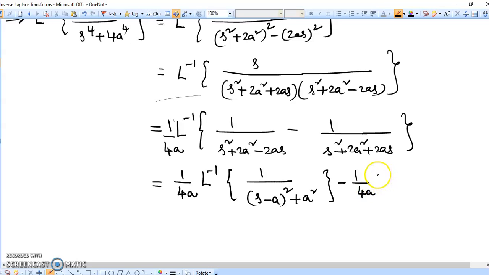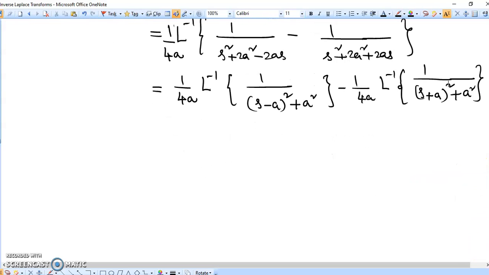Okay, I am writing 1 by 4a for the second term also. Again the L inverse is to be taken here. L inverse of, this is 1 by s plus a whole square, s square plus 2as plus a square. Additionally one more a square is to be taken, okay, to equate the term. s square plus a square plus 2as it is now, right?